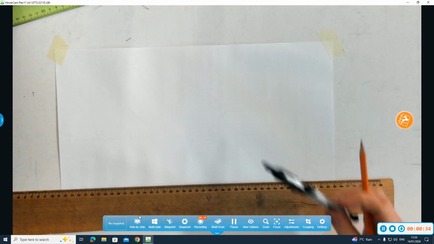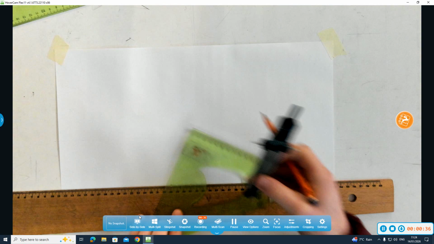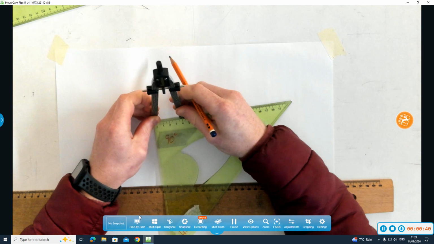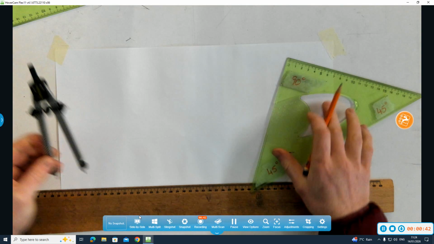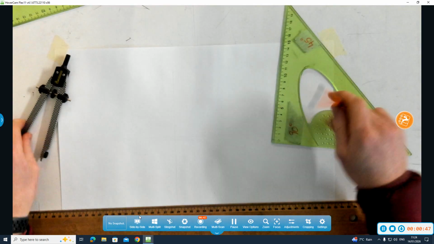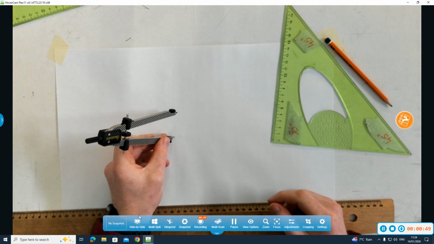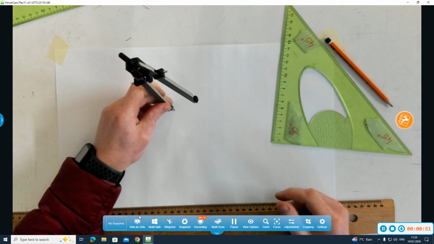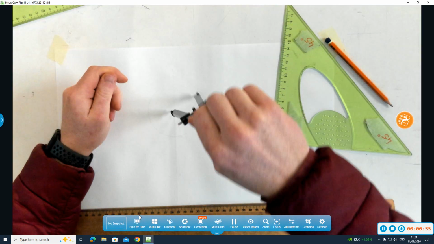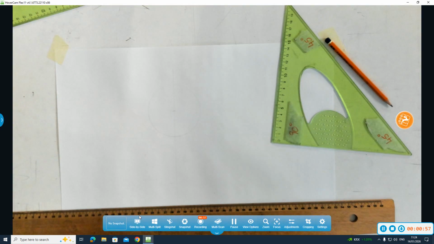The big circle is a diameter of 80, so that's a radius of 40. So that's our big one there drawn.